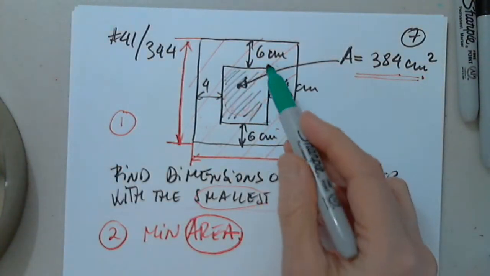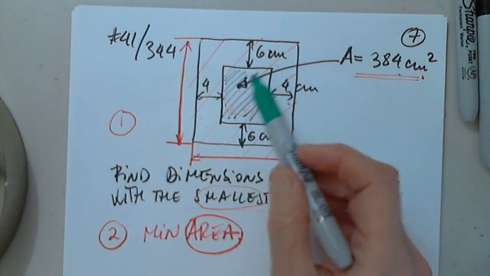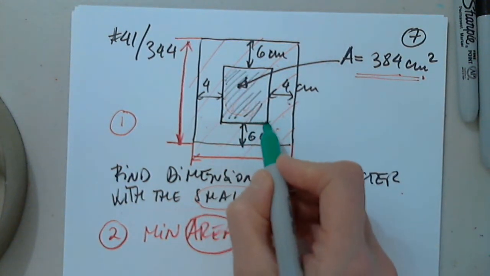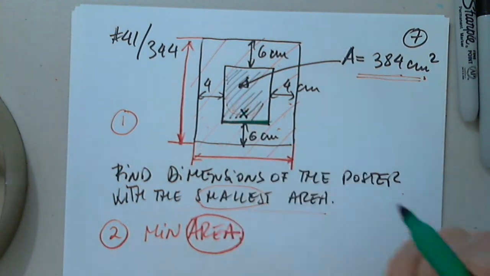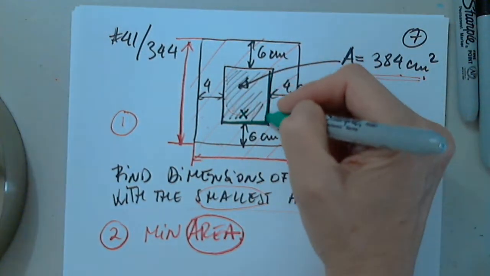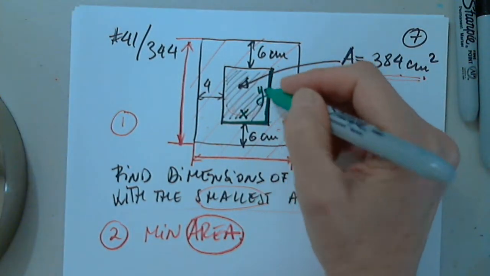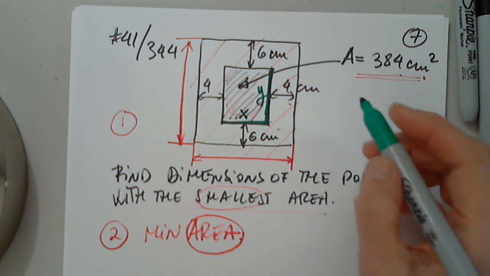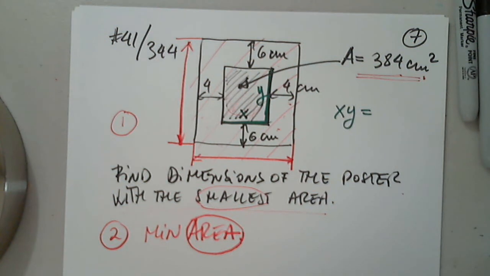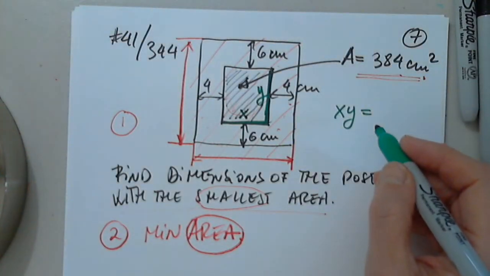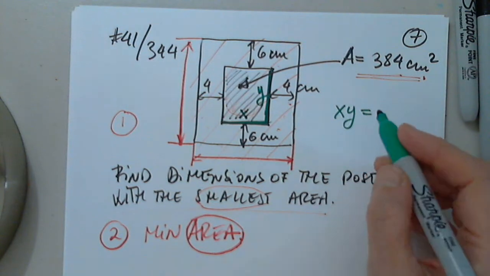I know that this is 384 as the area. I'm going to name this X. I'm going to name this Y. So obviously I know that X times Y must equal 384. Very good.